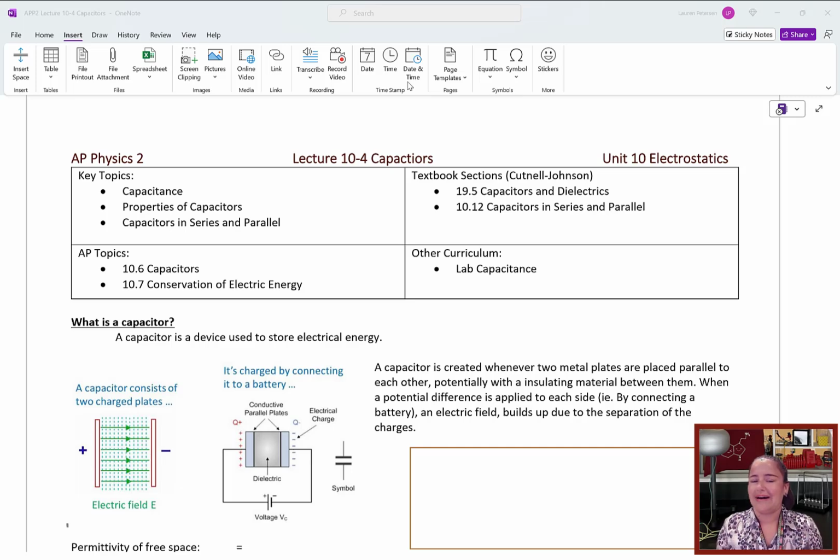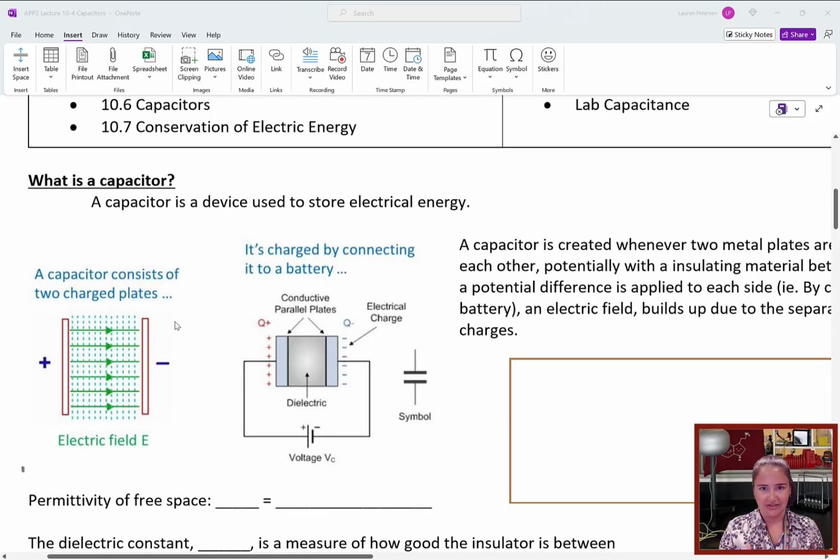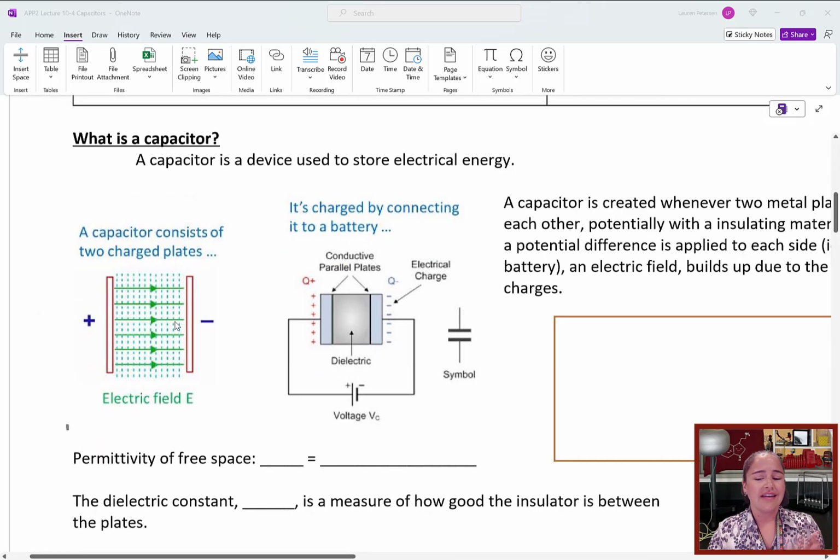So we've been talking about electric fields and electric potential energy, but how do we use it all? In this lecture, we're going to talk about capacitors and how we use them to store electrical energy. Okay, so that's all a capacitor is: a device used to store electrical energy. Now, it's not a battery, but we use it by connecting it to a battery.